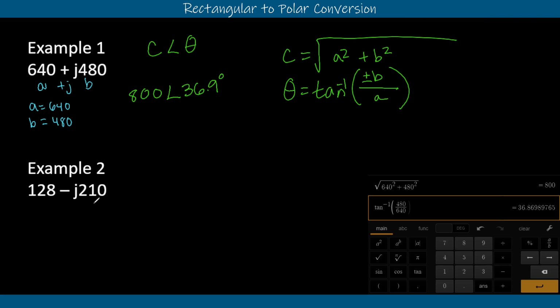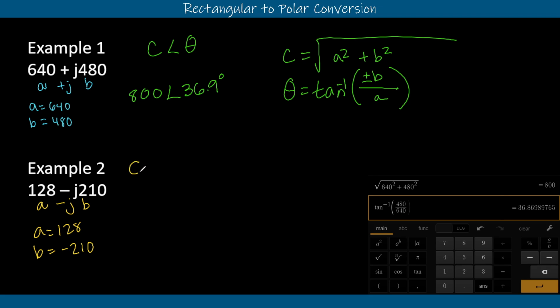Okay, let's do the next one. The next one falls along the same path, but it gets this negative in here, and that changes things up. We still have A minus jB, so B is going to be negative now. A equals 128, and B is equal to -210. That's really important. Let's write out our C equation.